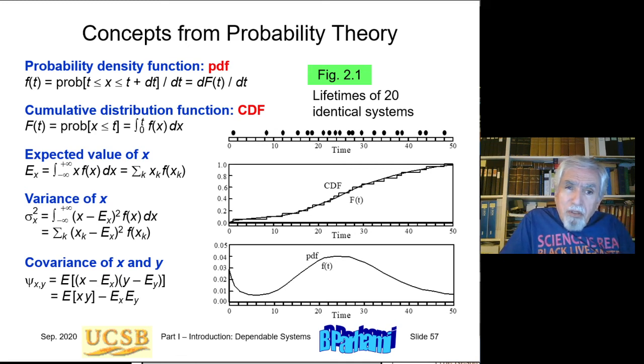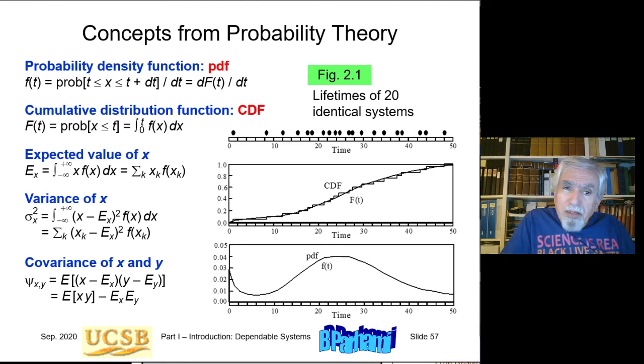First, we have something called the probability density function, f of t, small f of t. That's the probability that some random variable x is in the range t and t plus dt, divided by dt. A random variable is basically a random number.